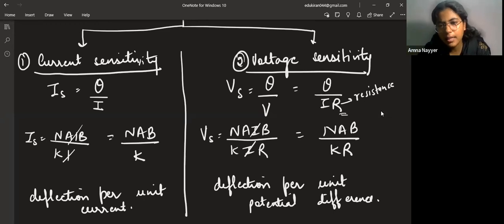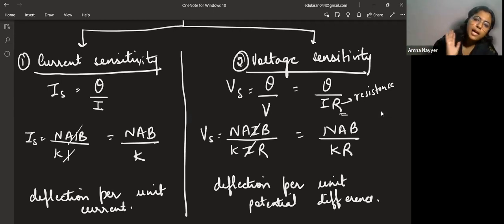Similarly in circuits, if for a very small amount of current the galvanometer shows a huge amount of deflection, then we'll say the galvanometer is sensitive. Galvanometer sensitivity is measured either as current sensitivity or as voltage sensitivity. This is just the physical meaning of it.